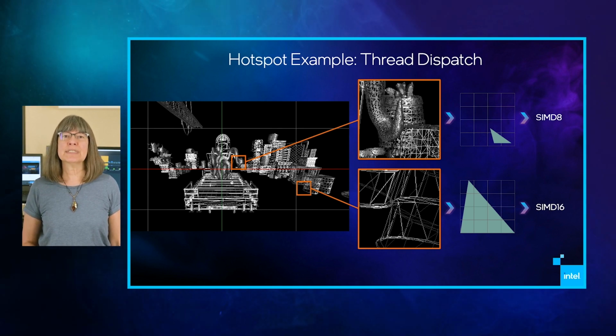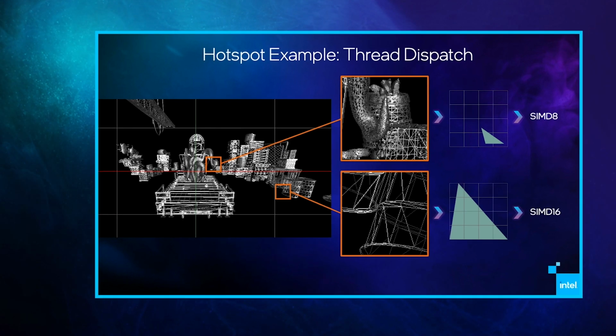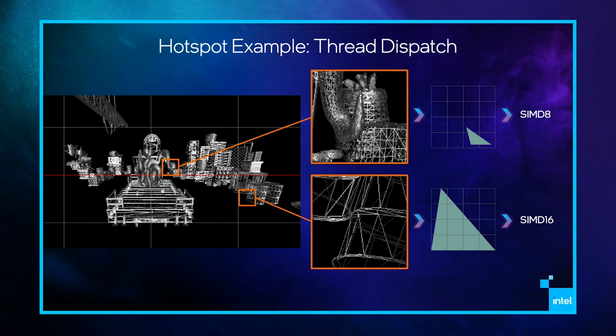Therefore, in order to discard less, the pixel shader dispatcher schedules SIMD8 for very small primitives instead. And this is exactly what has happened in our case. A lot of highly detailed geometry produced a lot of SIMD8 invocations. As you may guess, in order to fix such a performance problem, you need to use geometry LODs in your game. Geometry LOD being geometry level of detail.